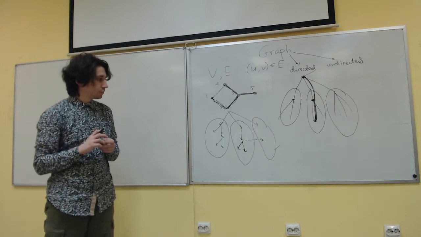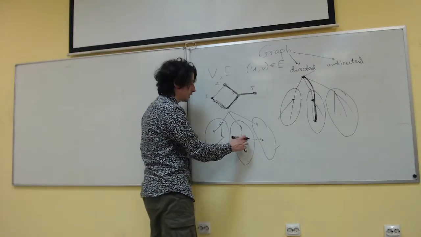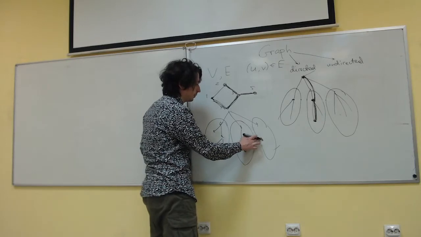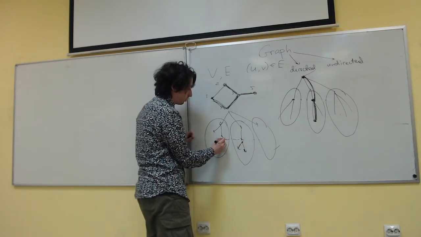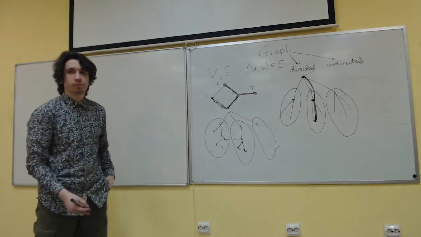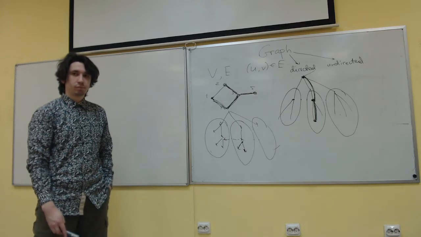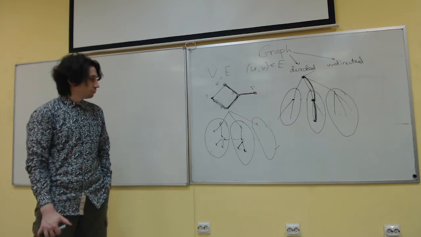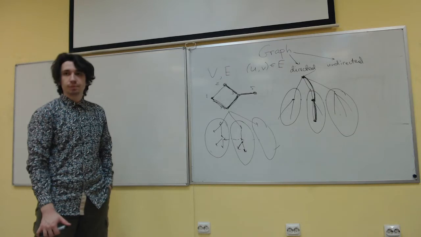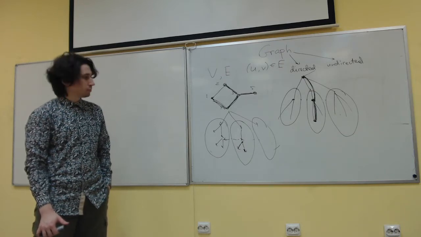No, I guess still not, because otherwise this vertex will be in this subtree. Okay. Can we have this edge? Well, also no, if the arrows are directed that way.